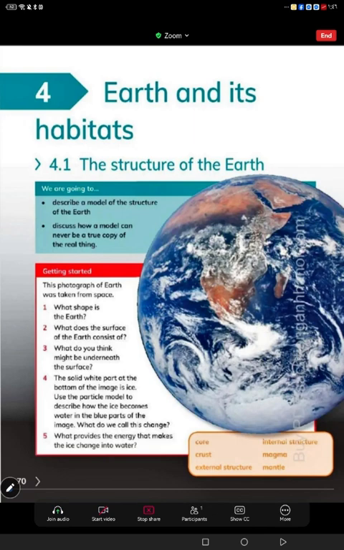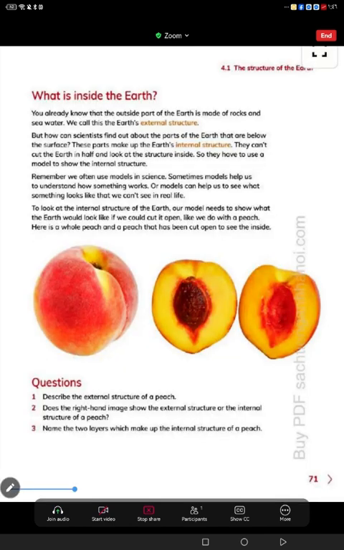But here's the secret. Have you ever wondered what is under your feet, deep down? It's not just dirt. Since we can't cut the earth in half because it's too big, scientists use models. Look at this page 21.